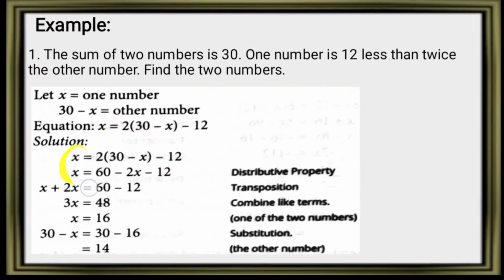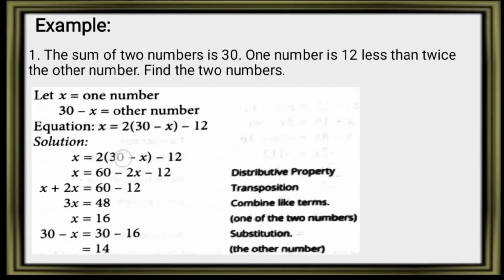So copy x is equal to 2 times 30 is 60, 2 times negative x is negative 2x, then copy negative 12.